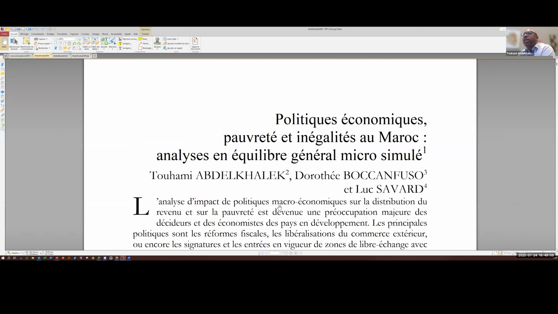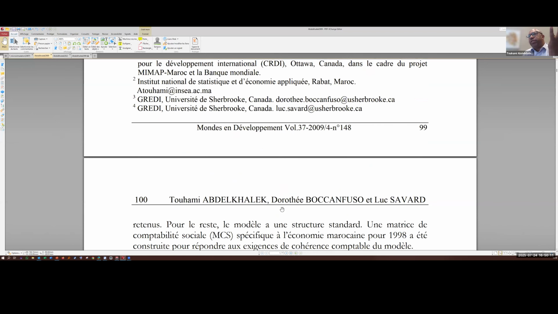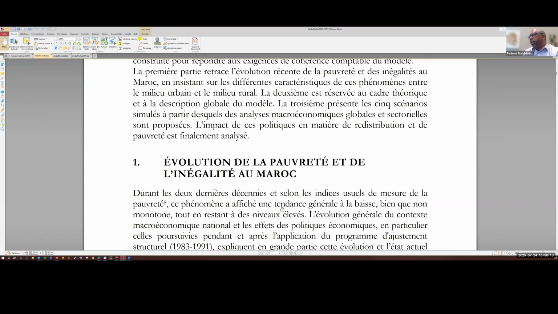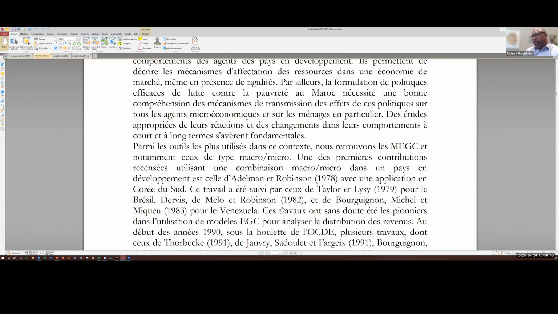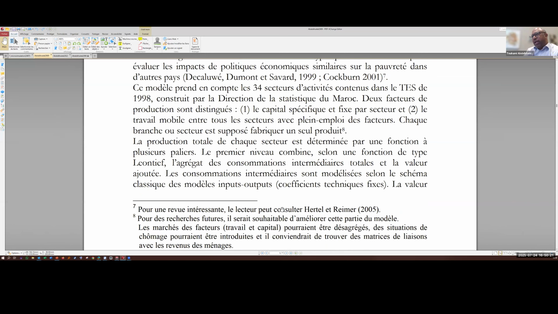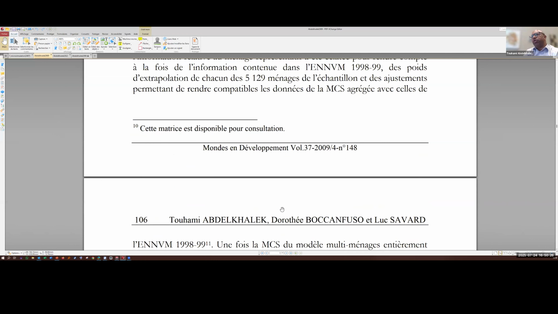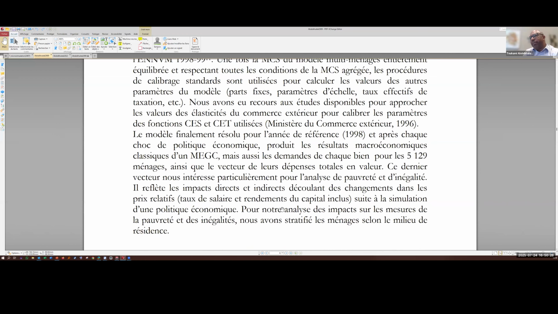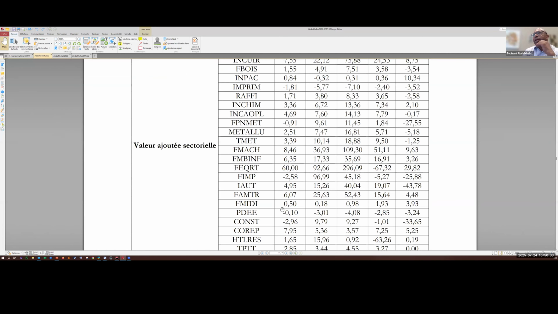We are looking at many situations from a CGE model in a full integrated model for the Moroccan situation, and we are looking at many policies, and we see what the situation is on poverty and inequality, and the impact on households. We present the model, the contabilité sociale, the SAM, and after that we look at situations.